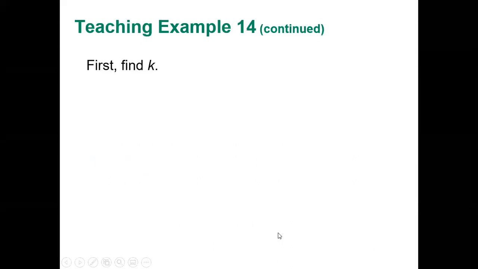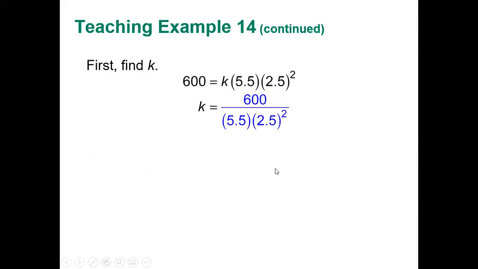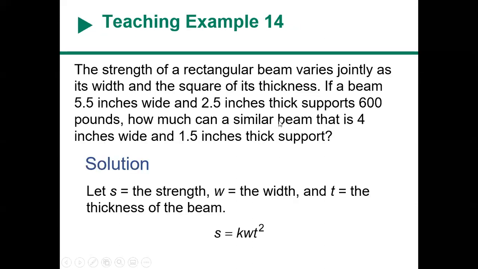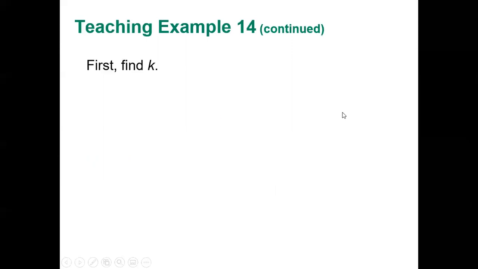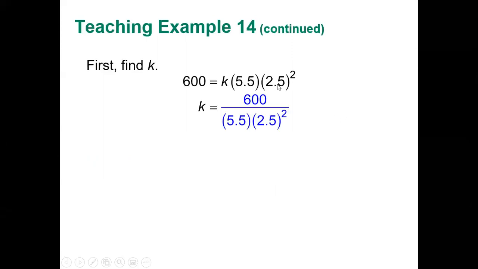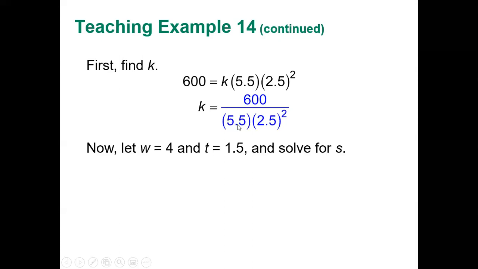So we're going to find K. We're going to use the values that they gave us, which was here where it said if a beam is 5.5 inches wide and 2.5 inches thick, then it supports 600. So we're going to use those values to solve for K. Plug them in, solve for K.